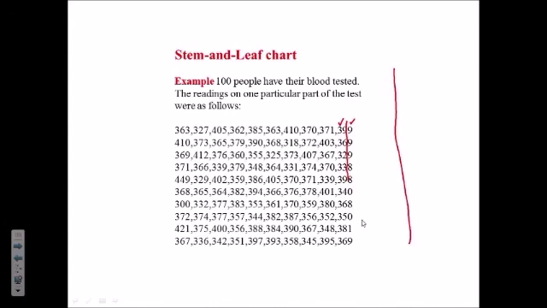So we're going from a stem of 30 down to about 45 or something like that. 33, 34, 35, 38, 40, 41, 42, 43, 44, like that. So you put down the stems. Now, once you have the stems, now we're going to put down the leaf.